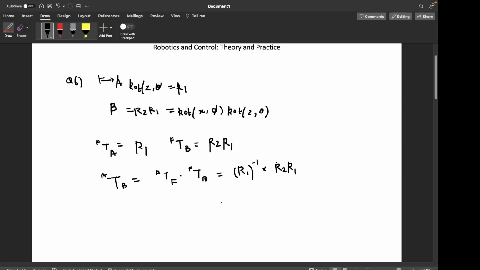So finally, the transformation from A to B is given by R1 inverse R2 R1, where R1 is rotation about z by theta, and R2 is rotation about x by an angle phi.